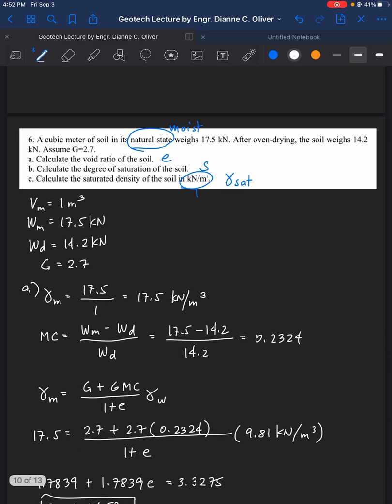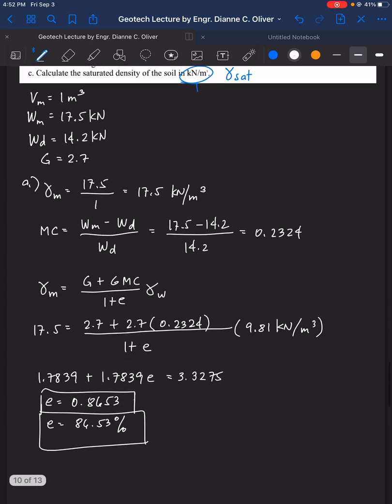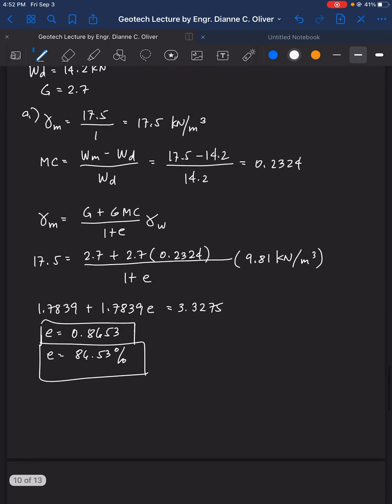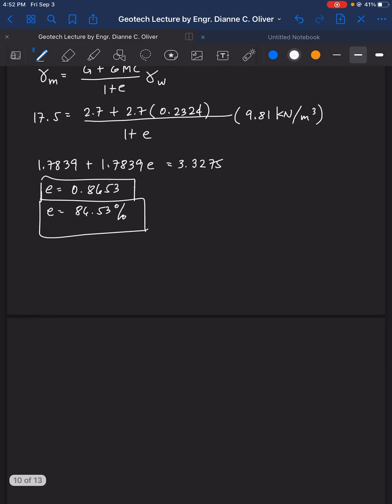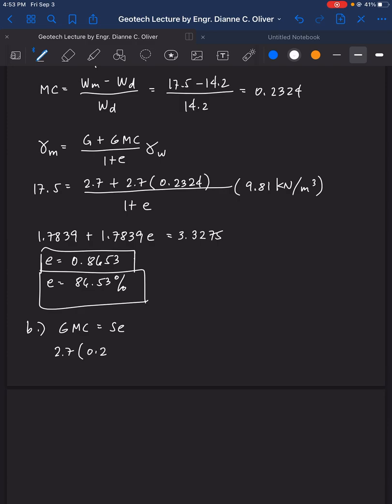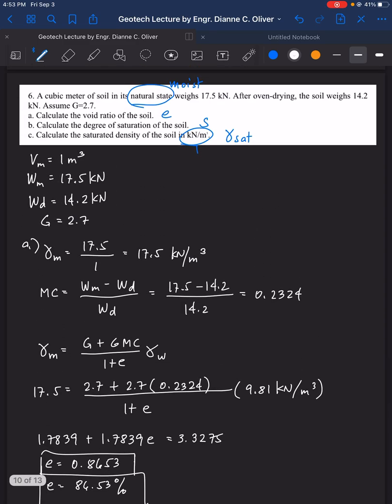Next, we are looking for the degree of saturation of the soil, S. So we can now have here G, MC, SE. G being 2.7, MC being 0.2324 equals S. E is 0.8653.